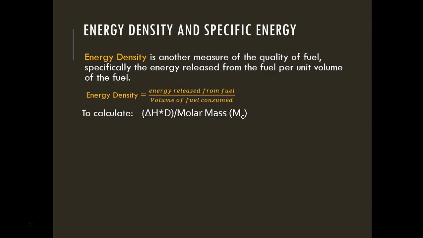But if you're not a guru with manipulating units, it's probably just easier to remember that energy density can be calculated by multiplying the delta H value by the density and dividing by the molar mass of the compound.